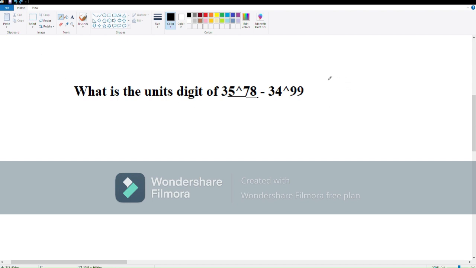We know that if we multiply 5 by itself, no matter how many times, the units digit will always be 5. So the units digit will be 5 in this case. Just keep that in mind for when we solve this next problem.